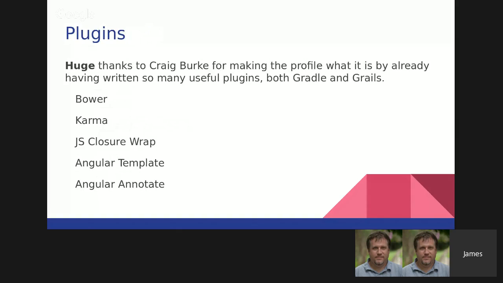Maybe some people do some Selenium or Geb, but unit testing of client-side code is pretty rare, so I wanted to give people an easy way into that. The next thing is the JavaScript closure wrap, which will wrap all of your files automatically in an IIFE so that you don't expose any globals.